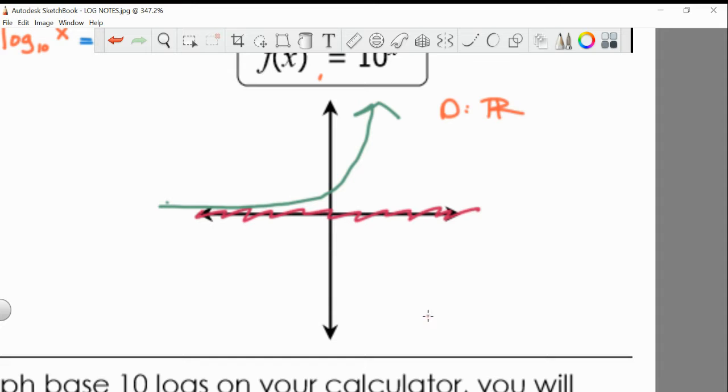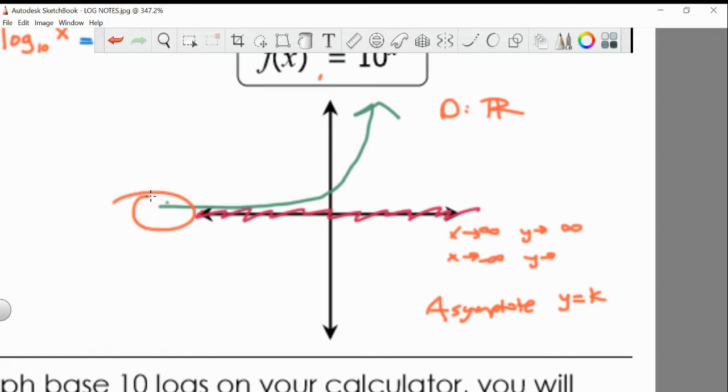The asymptote was y equals k. Our end behavior, x goes to infinity, y goes to, for this growth graph, would have been infinity, and x goes to negative infinity, y goes to, we would be going towards the asymptote, so it would be k.